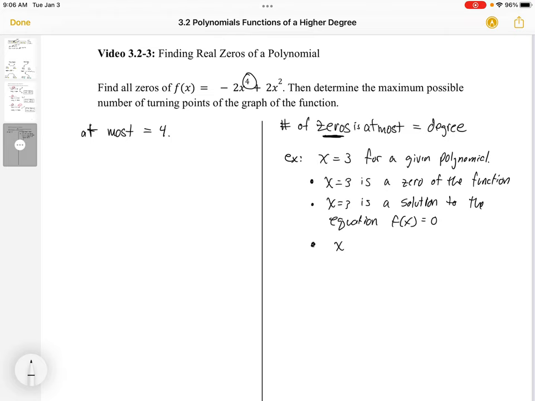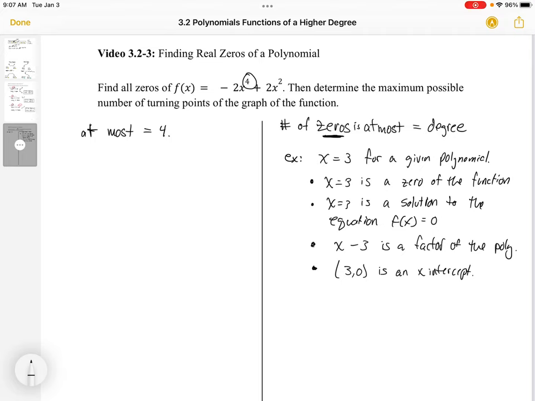We also know that if x equals 3 for a given polynomial, then x minus 3 is a factor of the polynomial. And finally, if x equals 3, then (3, 0) is an x-intercept.